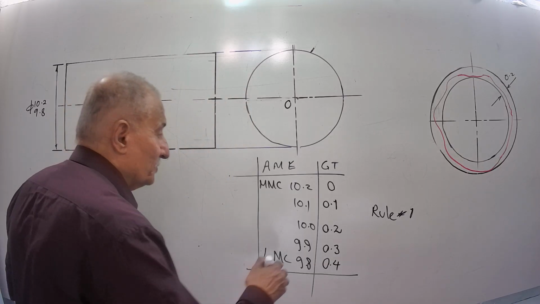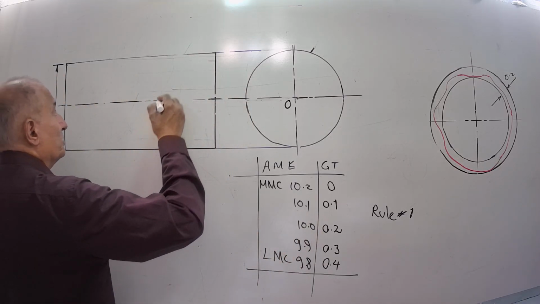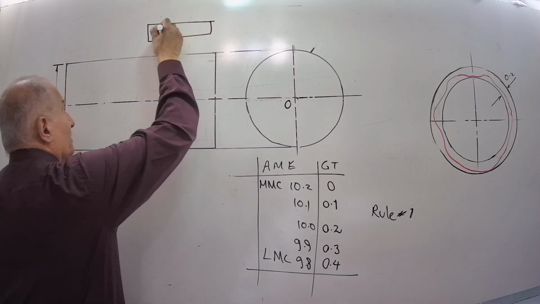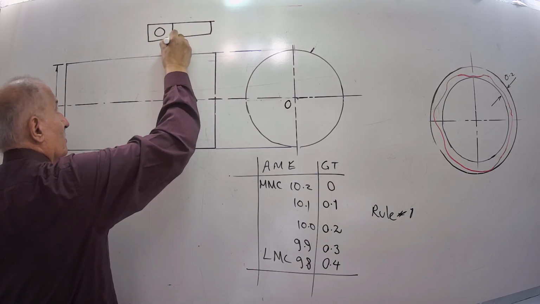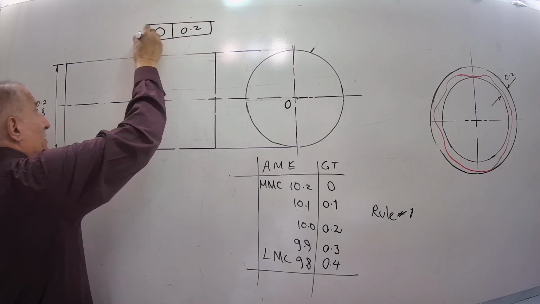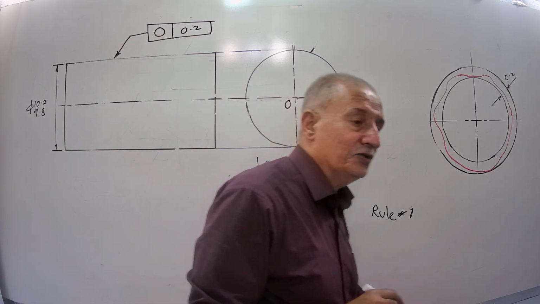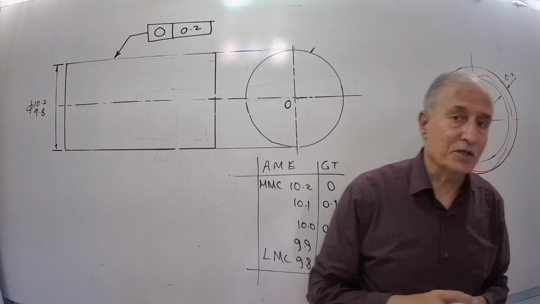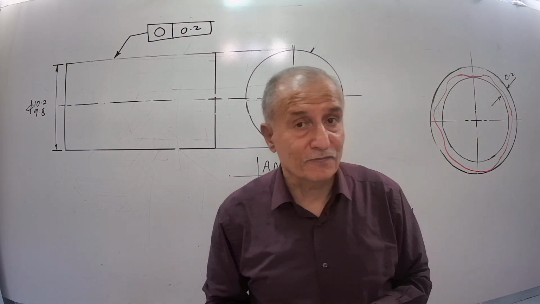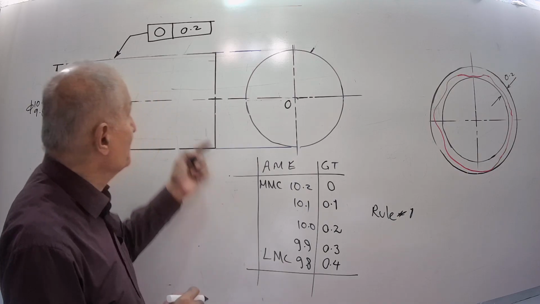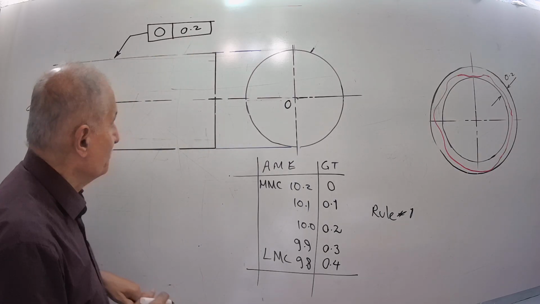Assume that, in addition to rule number 1, we apply circularity tolerance. That's the symbol, pointed to here, applied to the feature. Circularity only applies to a feature, not a feature of size. And we specify here geometric tolerance 0.2.